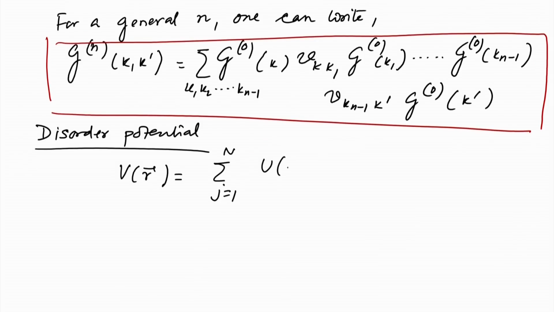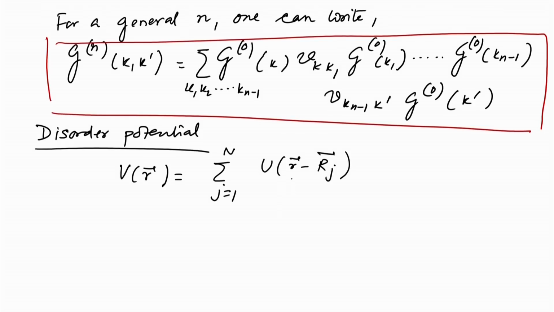and this could be written as V of r, which is equal to the sum over j from 1 to n of u(r minus r_j). So, what we did is that we have taken u to be the potential, and there are n such disorder sites where the potentials are present.